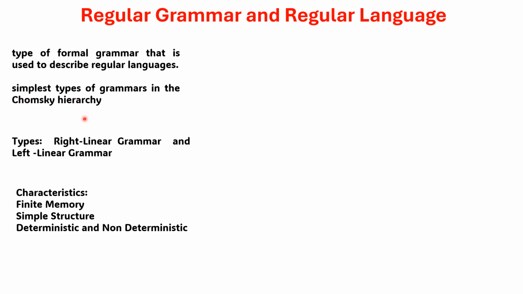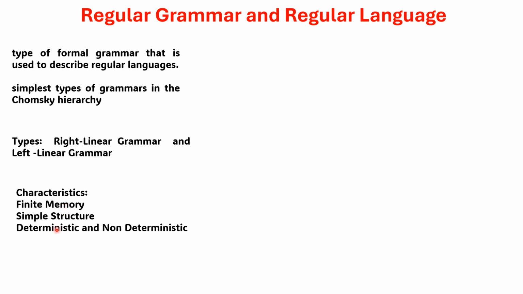So we have type 0, 1, 2, 3, totally 4 types of grammar. Regular grammar comes under type 3. Here we have two types, right linear grammar and left linear grammar, and we'll see an example. The main characteristic of regular grammar is finite memory.